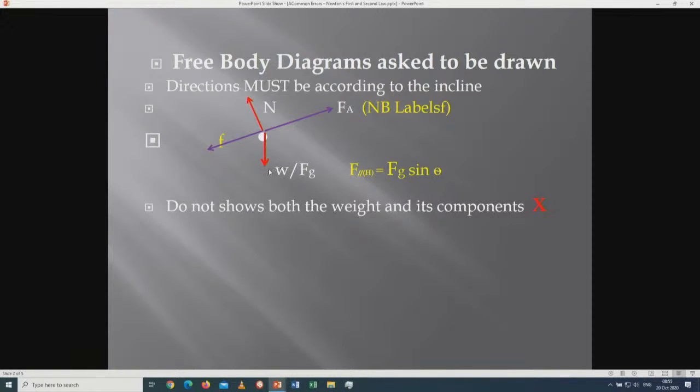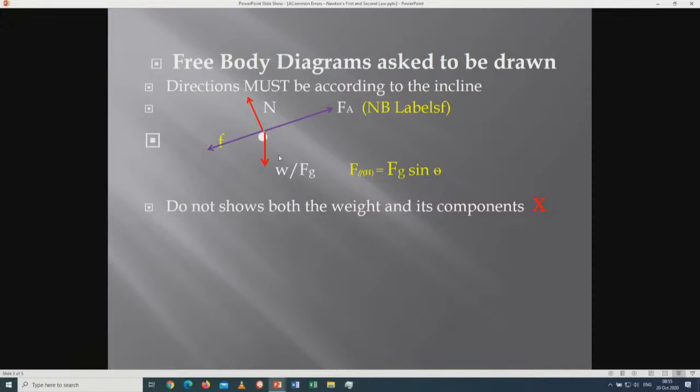If you are asked to draw a free body diagram, please don't show the weight and its components. If asked to draw a free body diagram for marks, only draw the weight component, the weight.